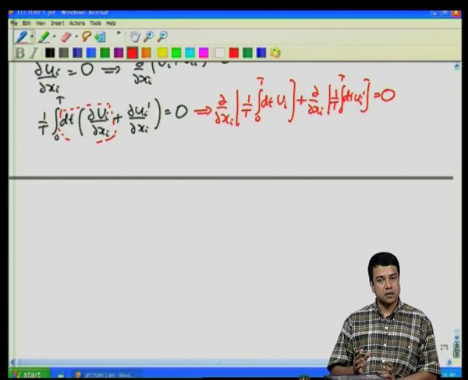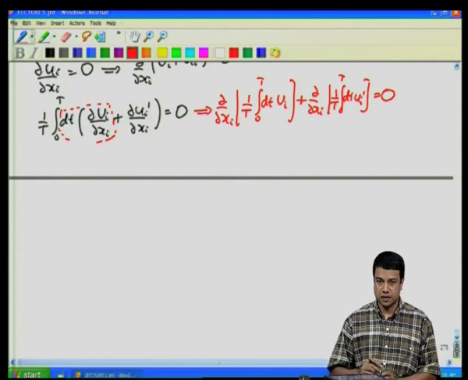I can interchange the order of differentiation and integration, because the differentiation is with respect to x, the integration is with respect to time, and time and position are independent coordinates in our field description of the velocity fields.